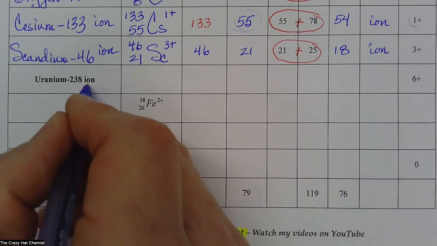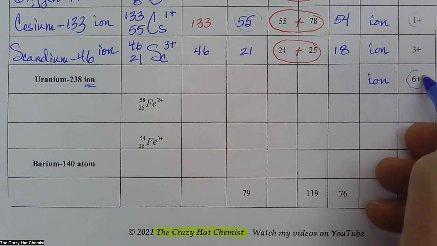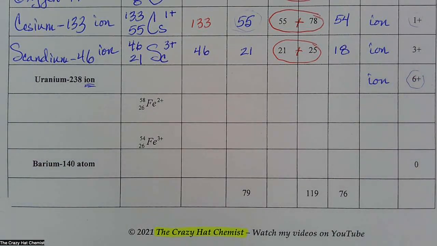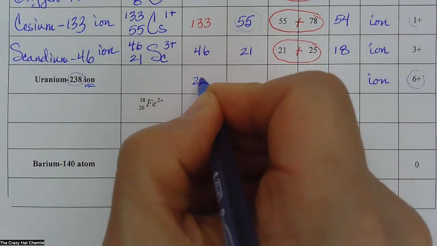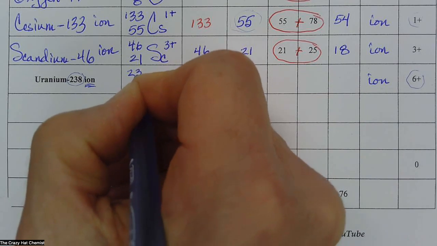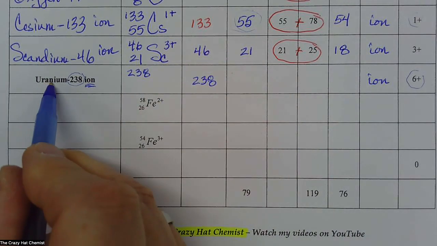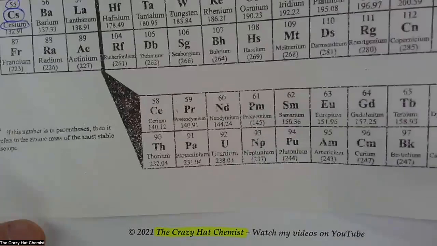So this next one is an ion, and you can clearly see this with this +6 charge as well. The mass is 238, so 238 for the mass. That will be this top number, 238. And this is uranium. So I'm going to look on my periodic table for masses that are close to 238.